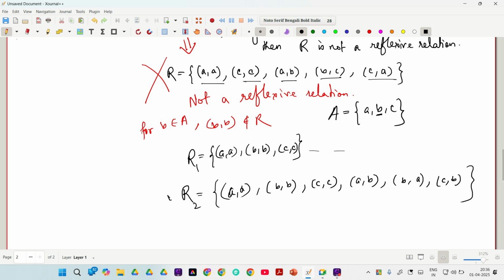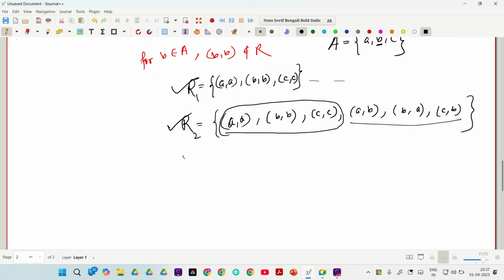So this is also a reflexive relation. R1 is the smallest reflexive relation where for all x belongs to A, I mean for all the elements of A, the self-joined ordered pair will be in R. And R2, in addition to these three elements, has other three elements also.